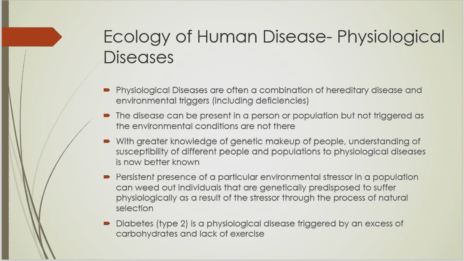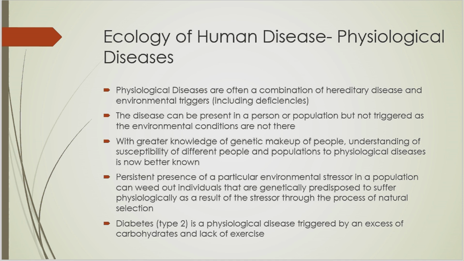So they constantly have high levels of blood sugar, and so they're prone to diabetes, but they're also prone to things like hypertension and even plaque buildup and heart disease. Okay? So with a greater knowledge of genetic makeup of people, understanding of susceptibility of different people and populations to physiological diseases is now better known.